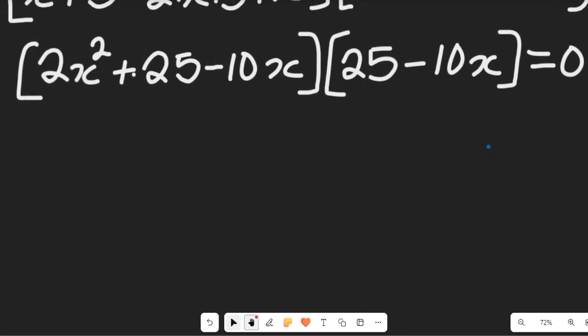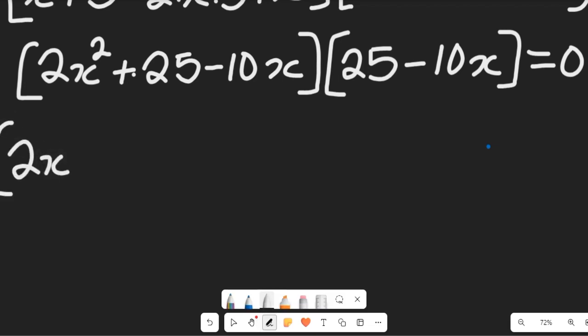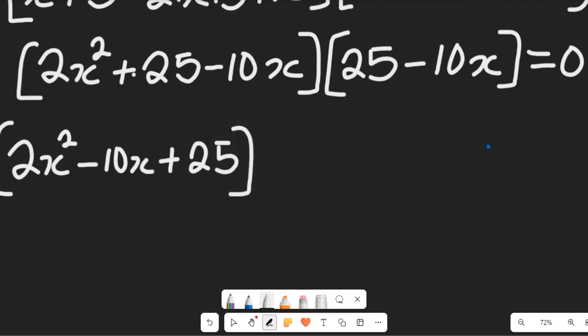Great. Now let's simplify this further. If I simplify this further by rearranging, I'll have this become 2x squared minus 10x plus 25, right?